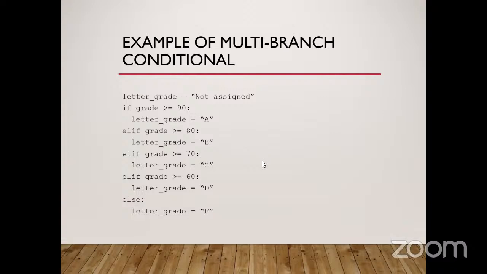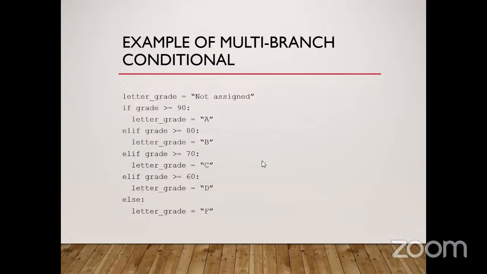No. So it skips over and comes down here. Right? 30 is greater than or equal to 80. False. Skips the indented stuff and comes to the next one. And it keeps going until it finds one that 30 is true, or it gets to the else. In this case, 30 falls into the else bucket because it's not one of our choices.